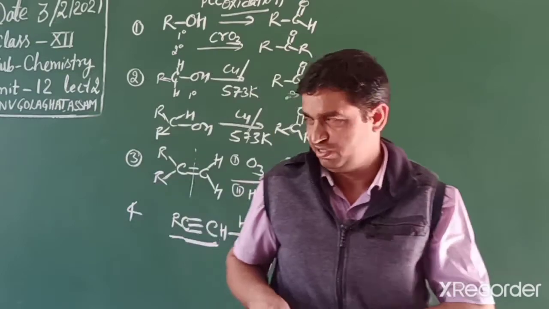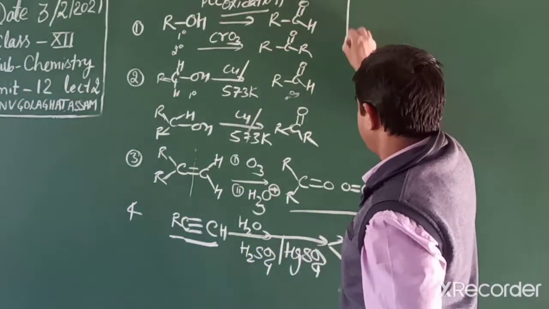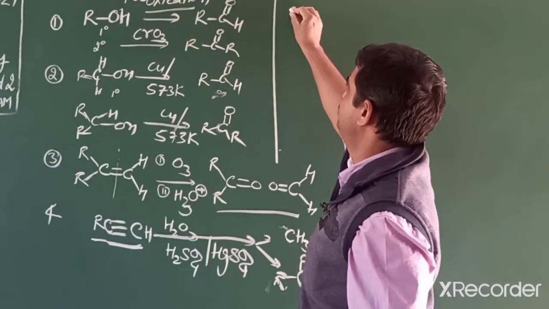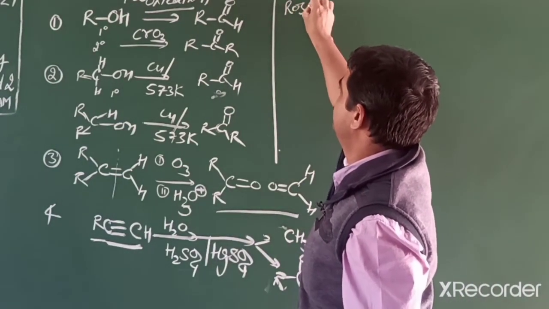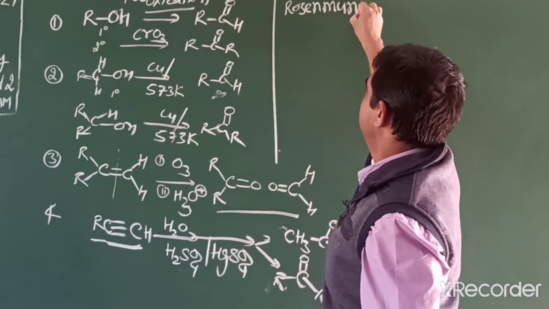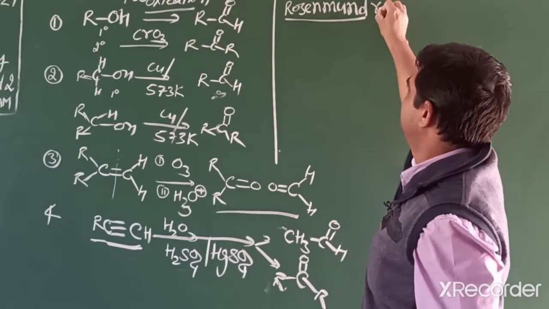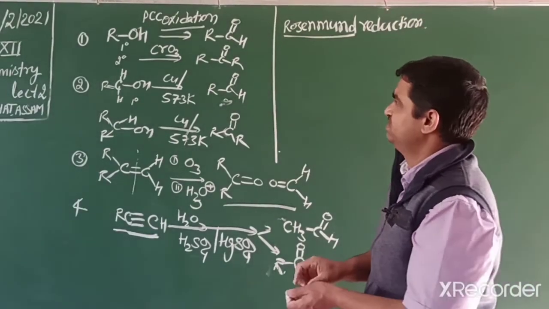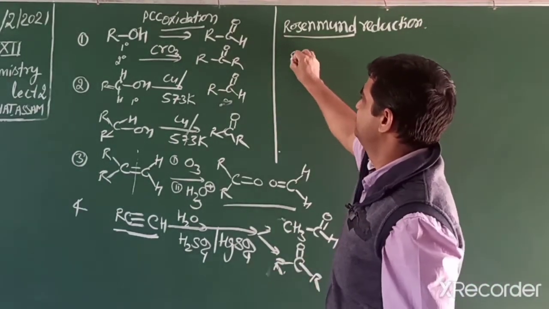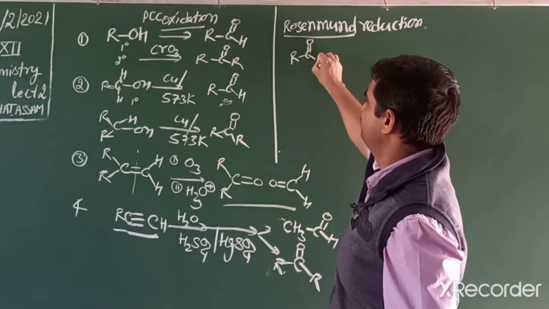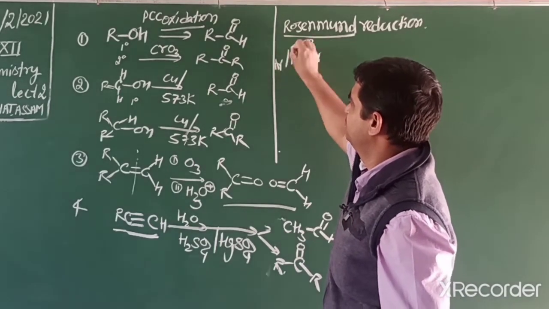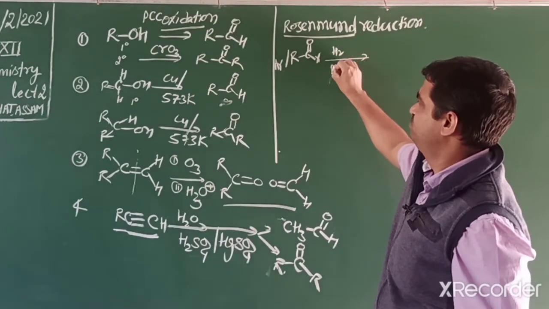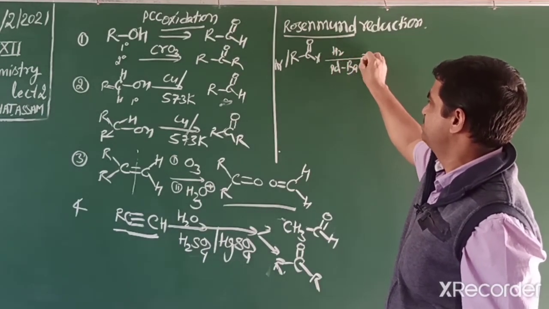Separately, only for aldehyde we can explain by Rosenmund reduction. In this reaction, any acyl halide, either aliphatic or aromatic, reacts with hydrogen in presence of palladized barium sulfate.